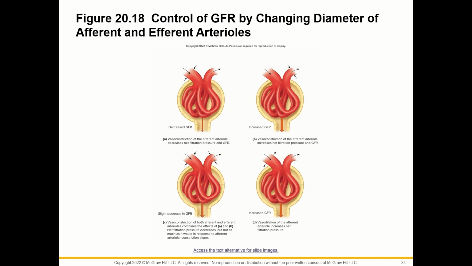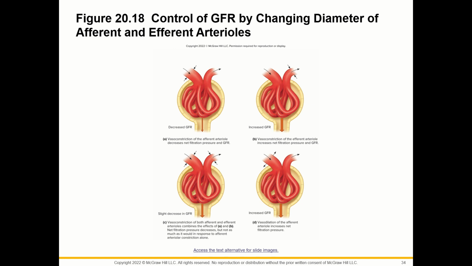Figure A shows decreased glomerular filtration rate. Vasoconstriction of the afferent arteriole decreases the filtration pressure and the glomerular filtration rate. Figure B shows increased glomerular filtration rate. Vasoconstriction of the efferent arteriole increases net filtration pressure and glomerular filtration rate.